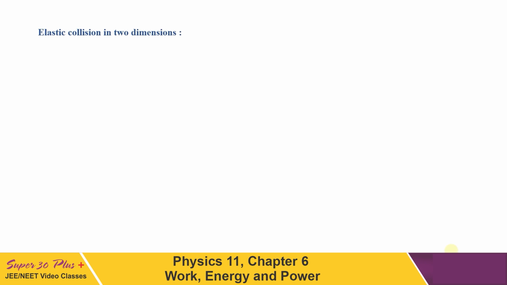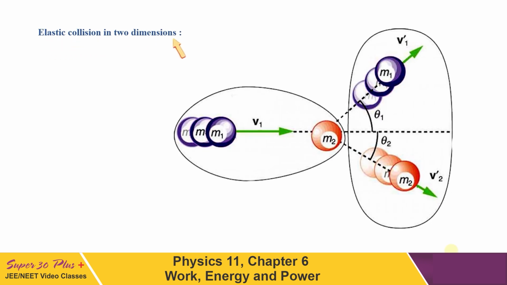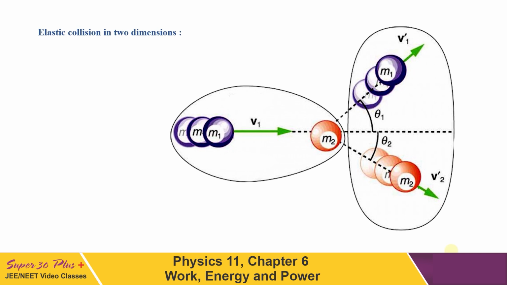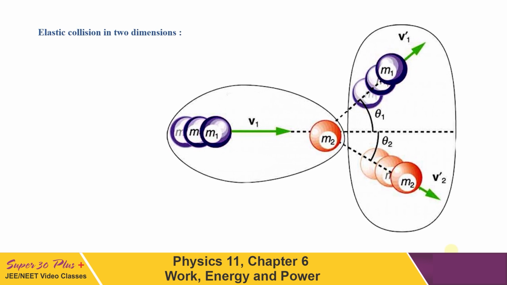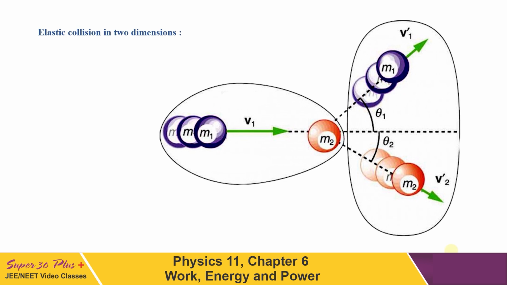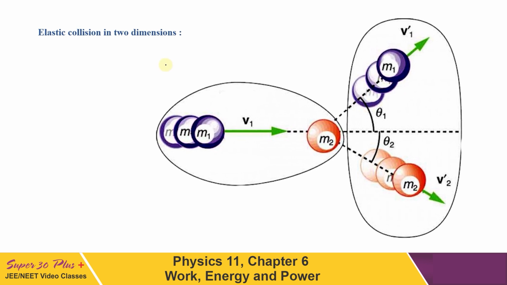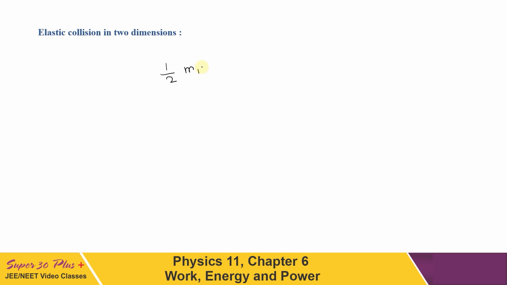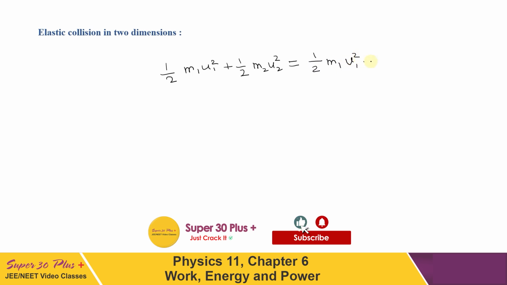If we consider elastic collision in 2 dimensions, because you will get questions on 2-dimension collision also, then of course we can write energy conservation as in the earlier case: half m1 u1 square plus half m2 u2 square equals half m1 v1 square plus half m2 v2 square.